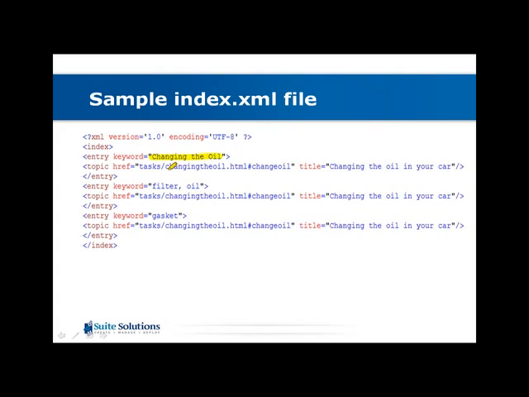In case you have two entries that have the same keyword, say, changing oil in the car, and then another one that says changing oil in your tractor, you know which one to pull up. You can have nested entries, I don't have a sample of it here, but you could have nested entries in your index also. You could have a nested topic, so you could have second level, third level entries.